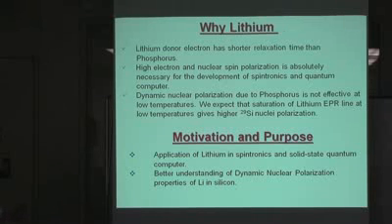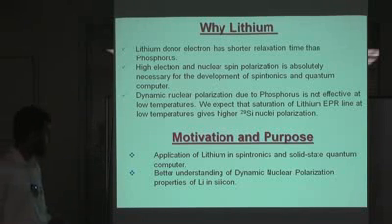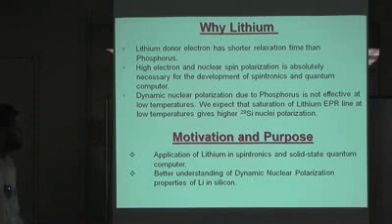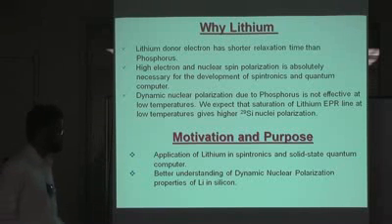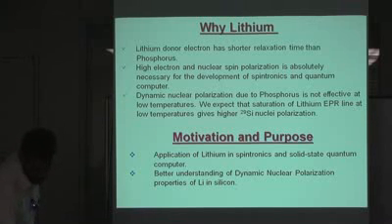We expect that the saturation of the lithium EPR line at low temperature gives higher 29Si nuclear polarization. Our motivation: application of lithium in spintronics and solid-state quantum computers, and better understanding of the dynamic nuclear polarization property of lithium in silicon.